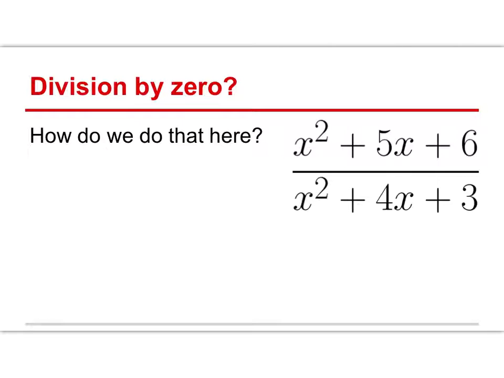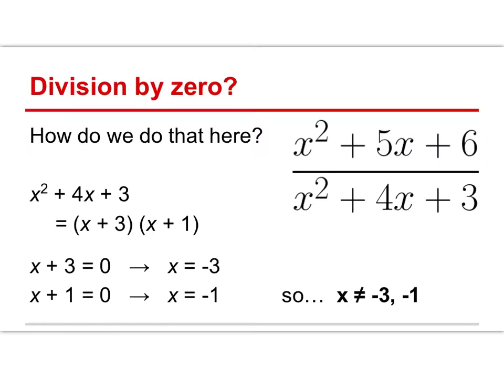This gets a little bit trickier with the quadratic. We're still going to do the same idea. We still want to set the denominator equal to 0 and figure out what values of x would cause us to get 0. How are we going to do that here? If you said that we're going to factor, you're exactly right. As we factor the denominator, x squared plus 4x plus 3 factors as x plus 3 times x plus 1.